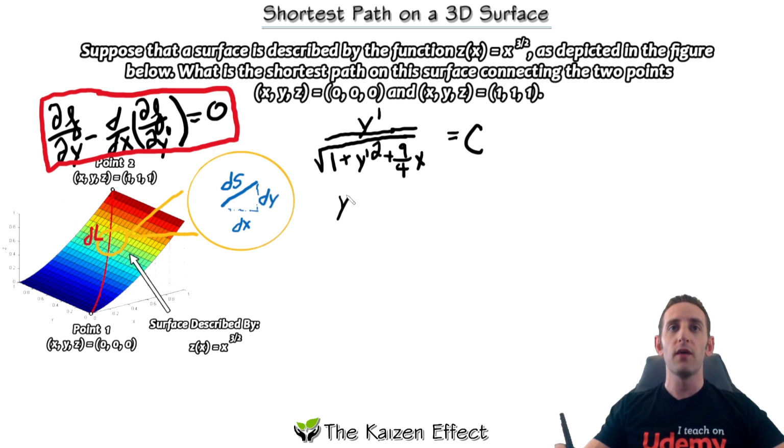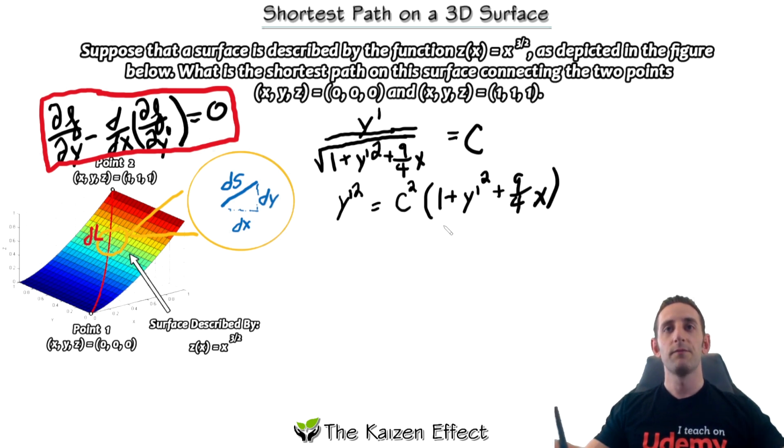So what we end up with when we do that is y prime squared is equal to c squared times 1 plus y prime squared plus 9 over 4x. All right, so we got this guy right down here.